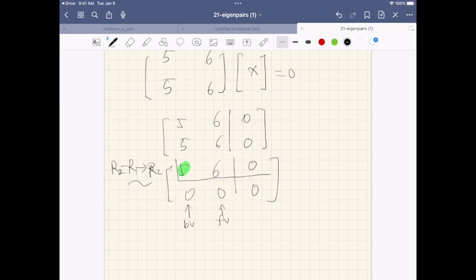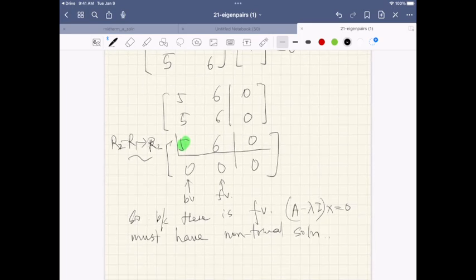If you have a free variable, then there's a non-trivial solution. Because there is a free variable, (A minus lambda I) x must have a non-trivial solution, which means lambda equals -4 is an eigenvalue.